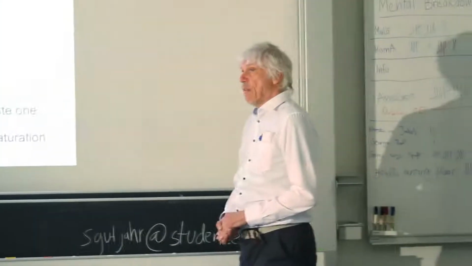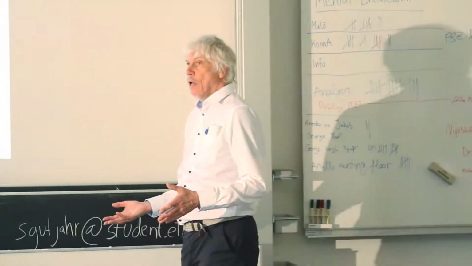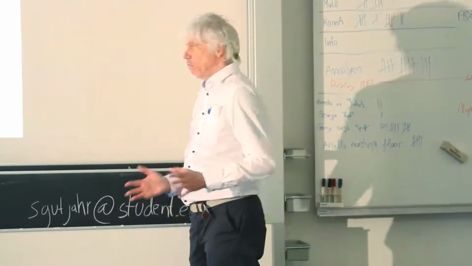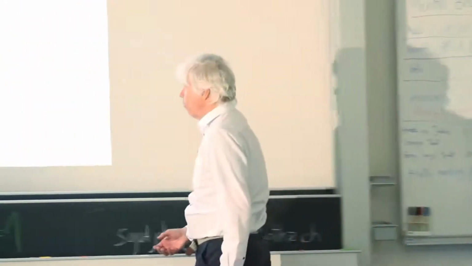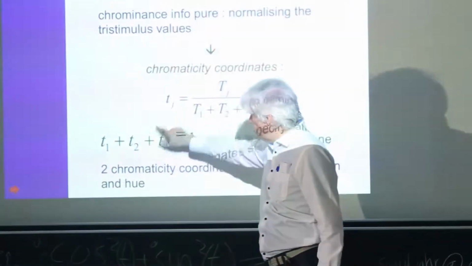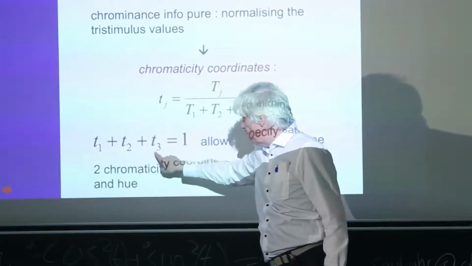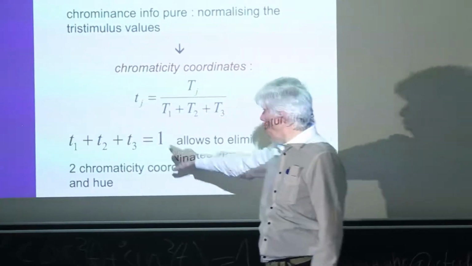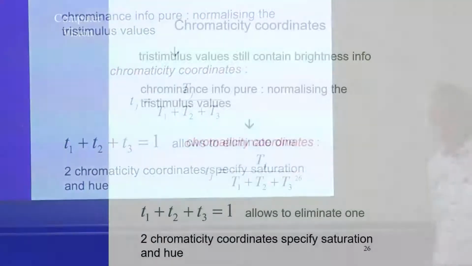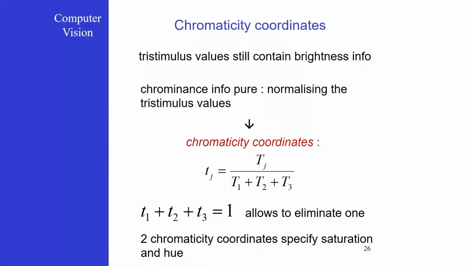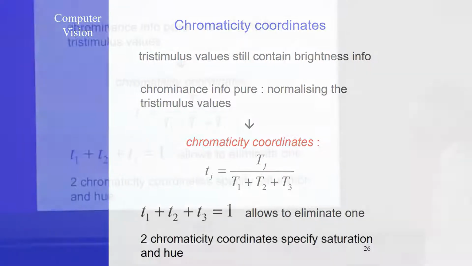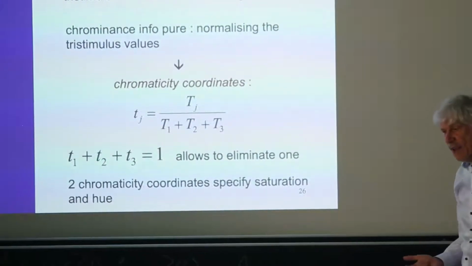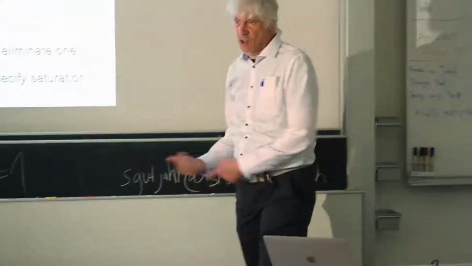You may now say, but okay, we still have three lowercase t coordinates. Yes, that's true, but of course, if we take the sum of all three, t1, t2, t3, we will always find 1 for the addition. They always sum to 1, by their very definition, as you can see. And that also means that if I know 2 of them, I know the third.